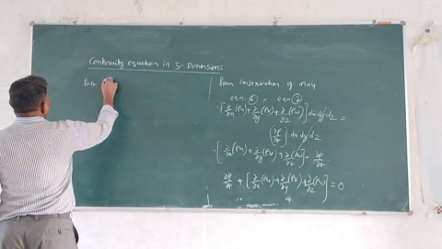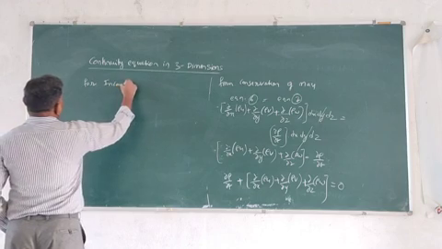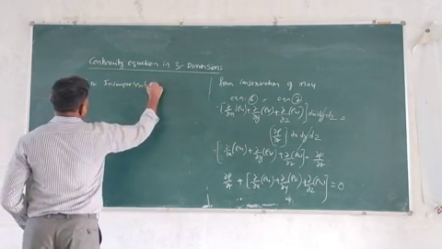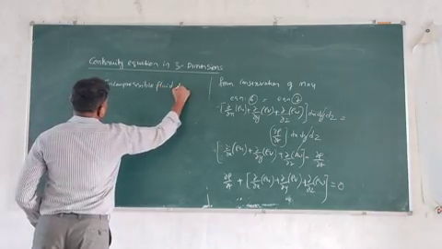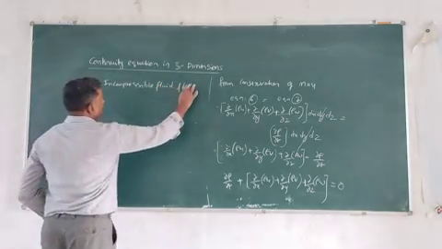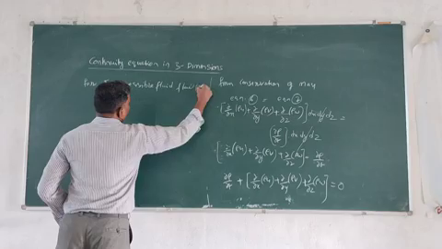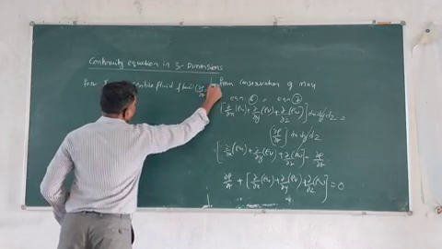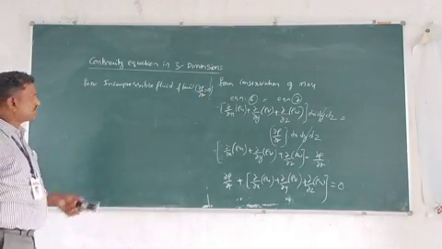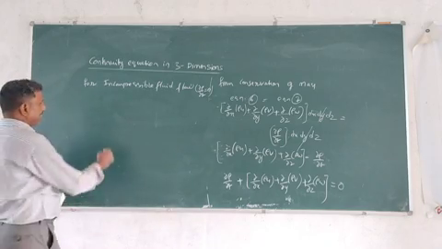For incompressible fluid flow, ∂ρ/∂t is equal to 0, because density is constant for incompressible fluid flow.